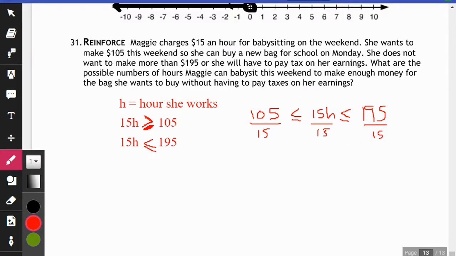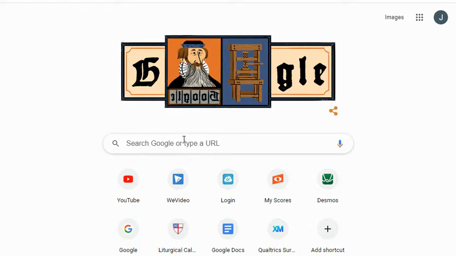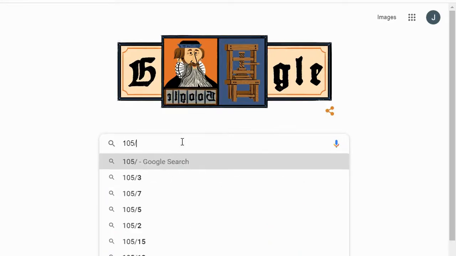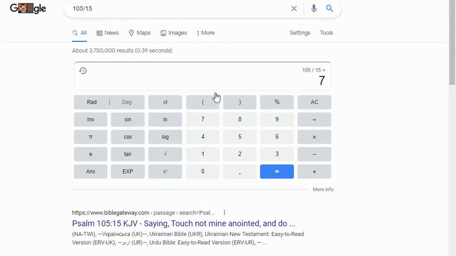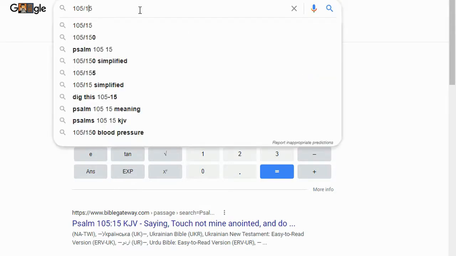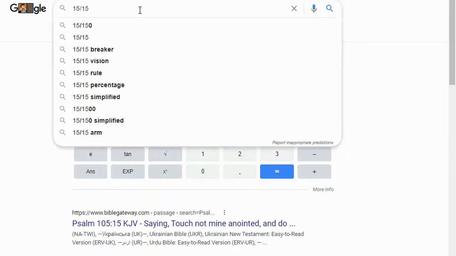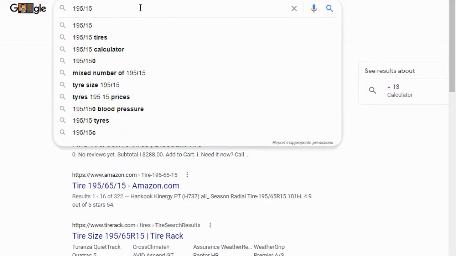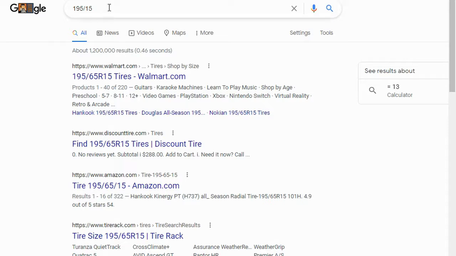What is each of these divided by 15? I'm just going to type in 105 divided by 15 is 7. 195 divided by 15 is 13. There it is. 7 and 13.